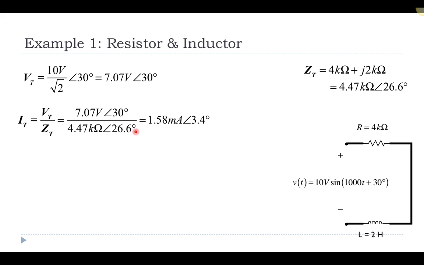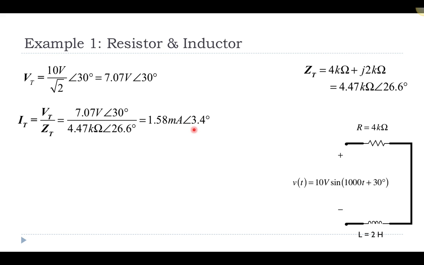This is 30 minus 26.6, so I get 3.4 degrees. So the total current that's flowing through the 4 kilohm resistor and the 2 Henry inductor is 1.58 milliamps, angle of 3.4 degrees. So it is shifted from the voltage a certain amount.